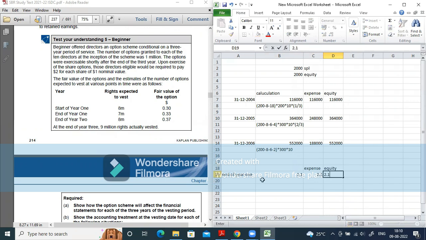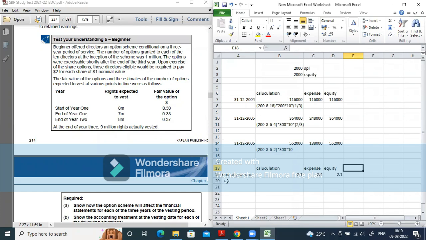So I hope end of the year 1 is clear, participants. Is it clear for the end of the year 1? Because end of the year 1 rights expected to vest is 7 million and the fair value is 0.30.